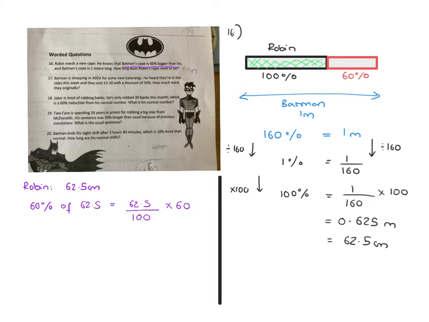Multiplied by 60 is 60%, and that comes to 37.5, which of course is in centimetres. And if you then add that on to 62.5, we of course get 100 centimetres or 1 metre. So we can see that the question is answered correctly.